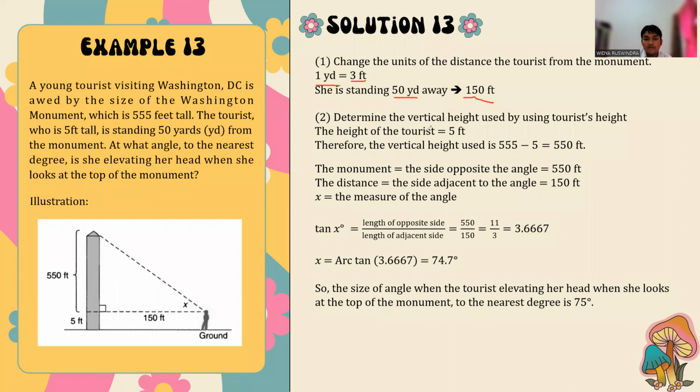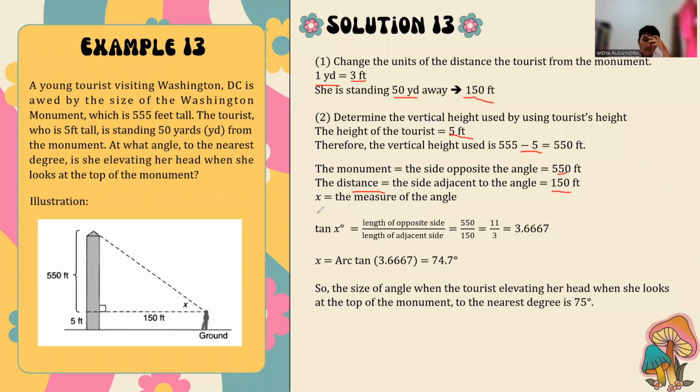The height of the tourist is 5 feet, so the vertical height is 555 minus 5, which is equal to 550 feet. In the monument, the side opposite the angle is 550 feet, and the distance, the side adjacent to the angle, is 150 feet, and x is the measure of the angle.